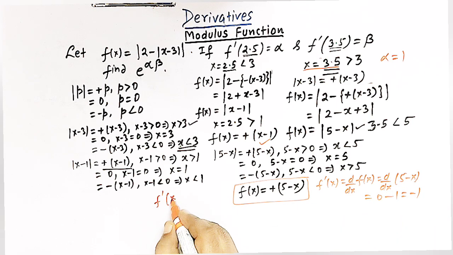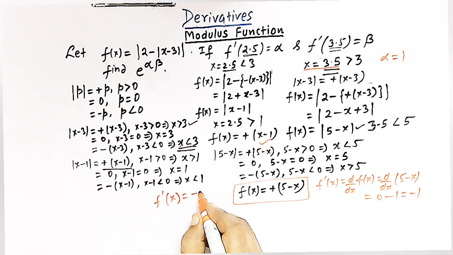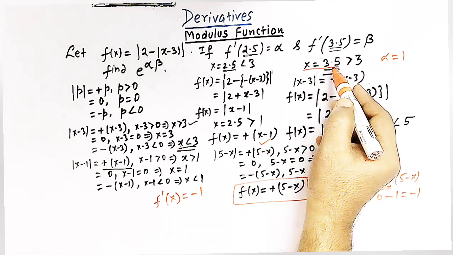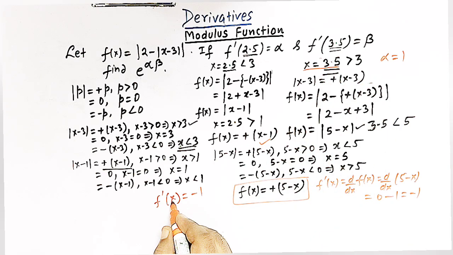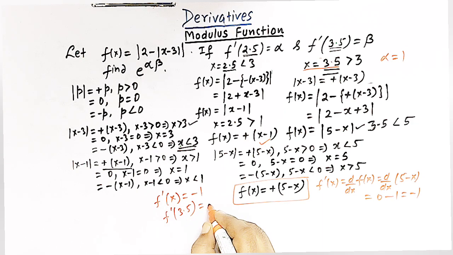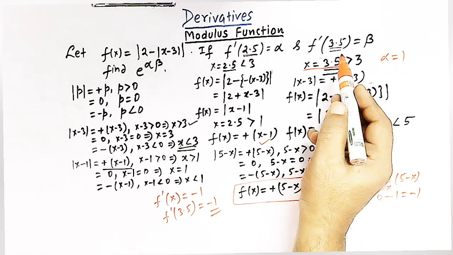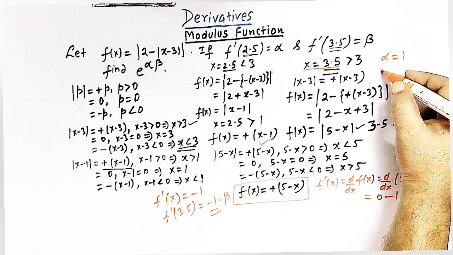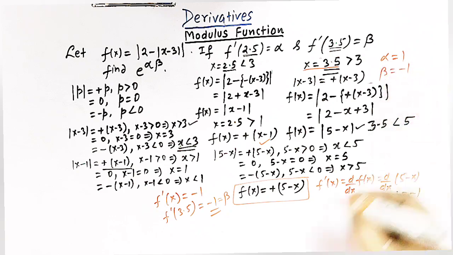So f prime of x is now equal to minus 1, and our point is x is equal to 3.5. So here we have f prime of 3.5 is equal to minus 1, and f prime of 3.5 is given as beta. So the value of beta is equal to minus 1.